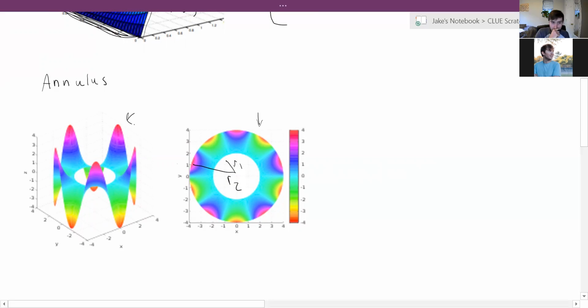In this case, the boundary function on the outside is clearly some kind of sine wave, since we're moving around this ring.